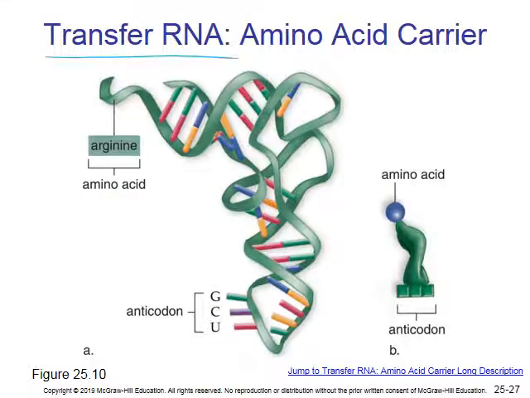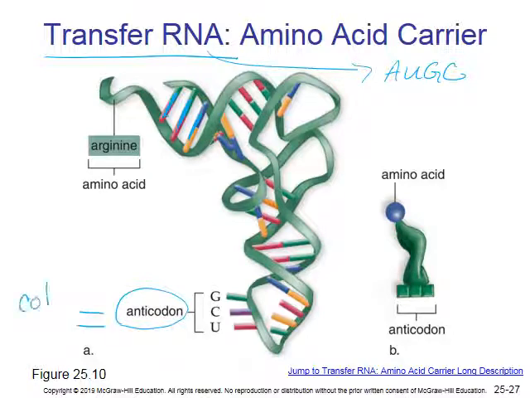Here we have an image of transfer RNA. So it is RNA, so it's going to be made up of A, U, G, and C nucleotides, right? You can see they form bonds between nitrogenous bases, and it takes on this kind of shoe structure, some people call it boot structure. And you see the word anticodon. So remember that anticodon is what's going to match the messenger RNA codon.